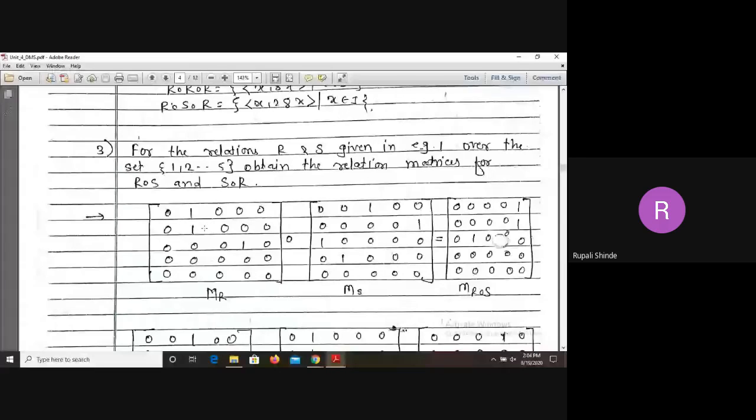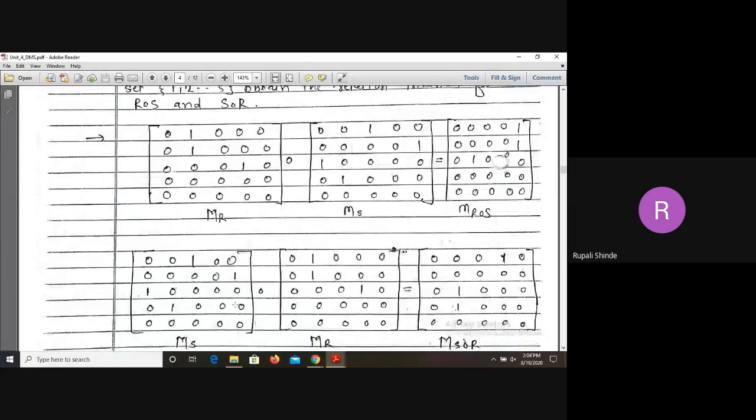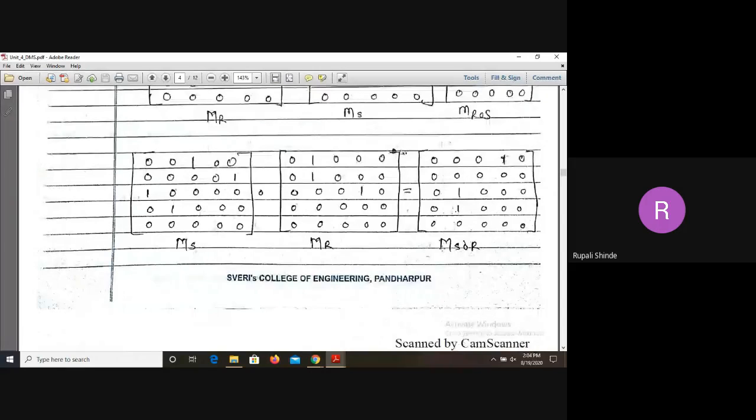So when we had to find the matrix for R composition S, we have taken matrix multiplication of R and S. So now we have to take matrix multiplication of matrix of S and matrix of R. So you will get matrix for S composition R.